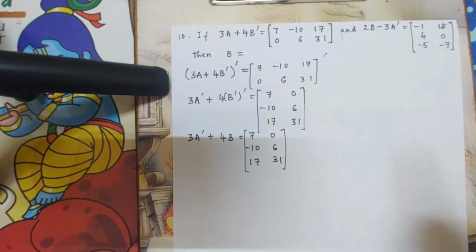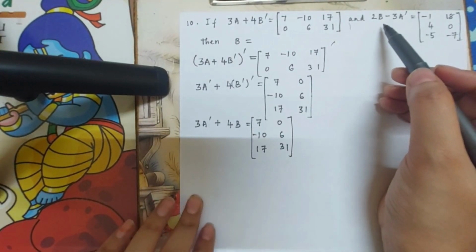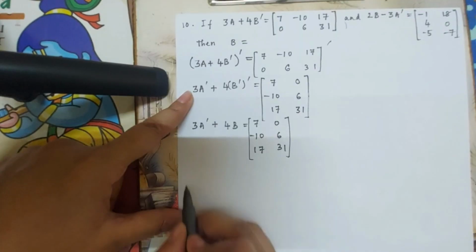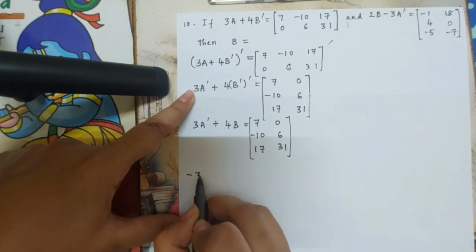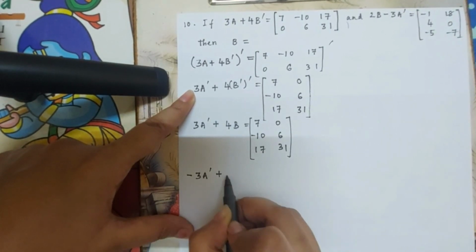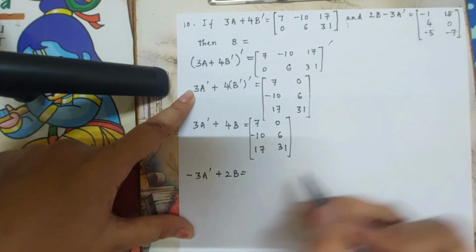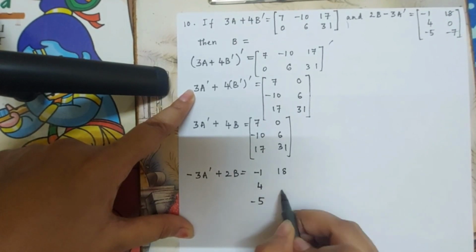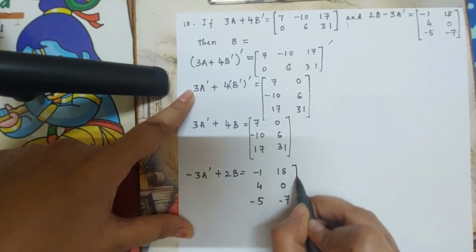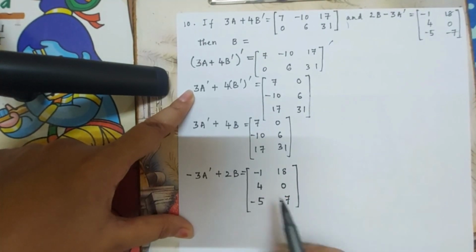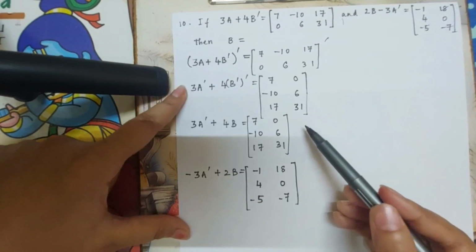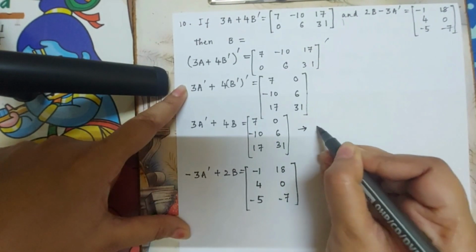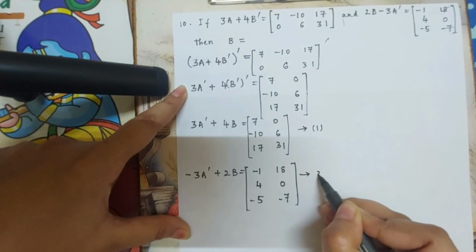So I will just rearrange this equation in terms of this. That is, I'll be considering minus 3A dash plus 2B, that is again equal to minus 1 4 minus 5 18 0 minus 7. Let me consider this as equation 1 and this as equation 2.